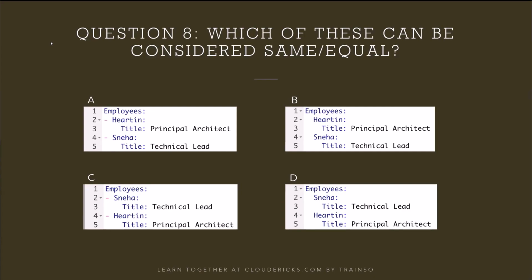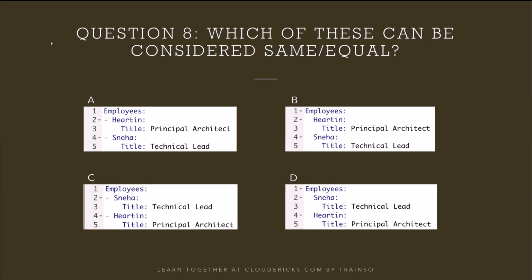Hartin comes before Sneha in the employees list A, and Sneha comes before Hartin in the employees list C. So if you represent this in most of the programming languages like Java or .NET, for list A or array A, array index 0 will be Hartin and array index 1 will be Sneha.